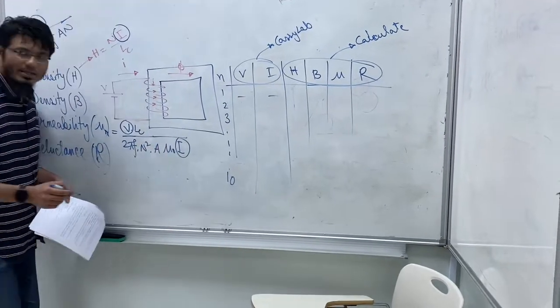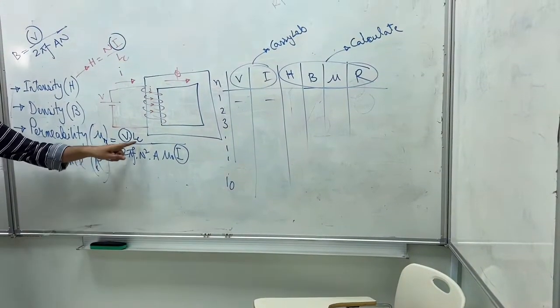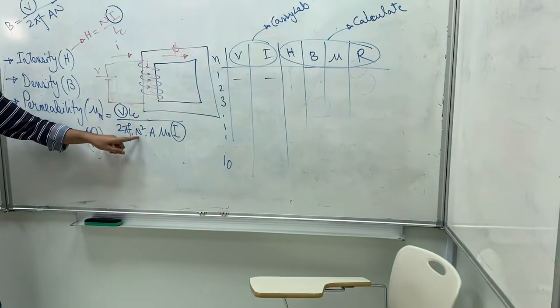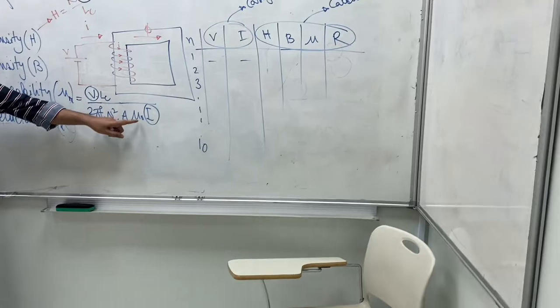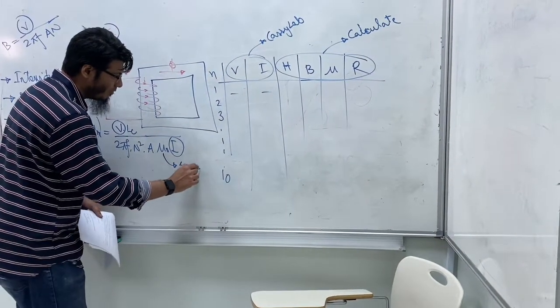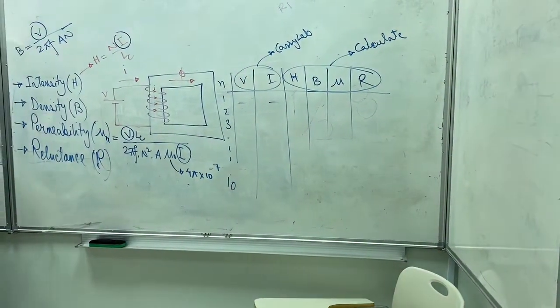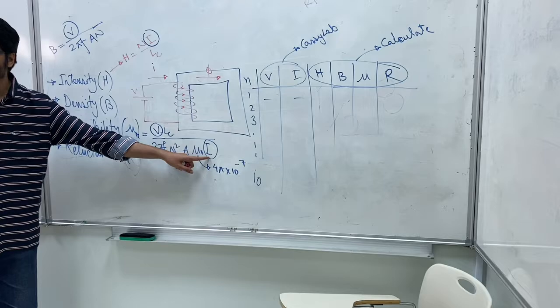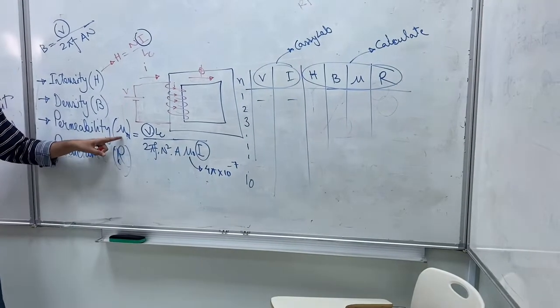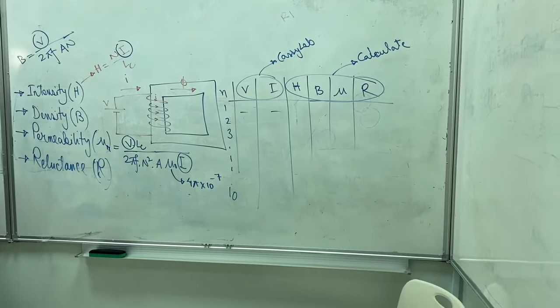I is current from the Casilab. And the remaining everything are constants. Mean length, 2 pi F, N number of turns, A area, and mu naught is the constant parameter 4 pi into 10 to the power minus 7, isn't it? So if you know the values of V and I from the Casilab, you can get the value of mu. Clear?